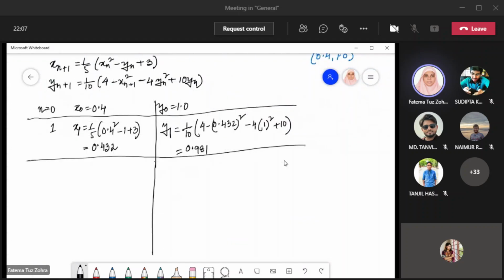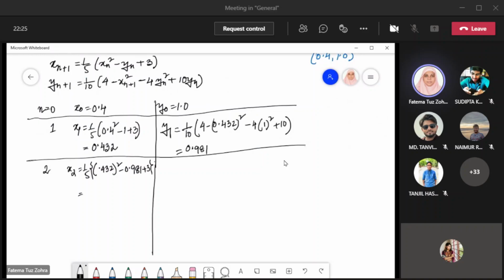So go ahead. For the second iteration, x2 should be equal to 1/5 (x1² − y1 + 3), so x1 is 0.432 squared minus y1, 0.981, plus 3.